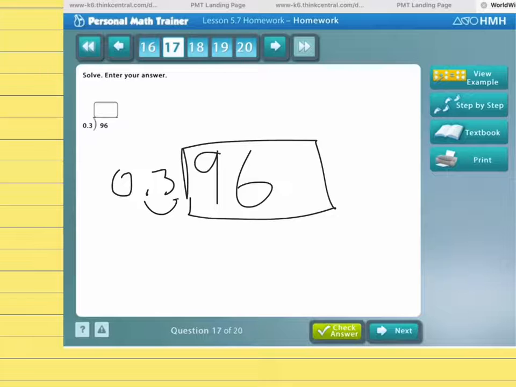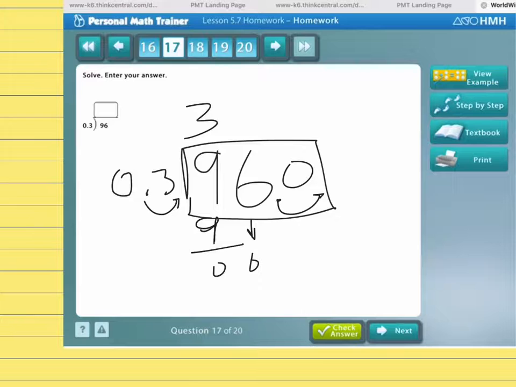Multiply that by 10 gives you 3. What you do to the divisor, you do to the dividend. Multiply that by 10 gives you 960. 3 will go into 9 3 times. 3 times 3 is 9. Bring down the 6. 3 goes into 6 2 times. 2 times 3 is 6.